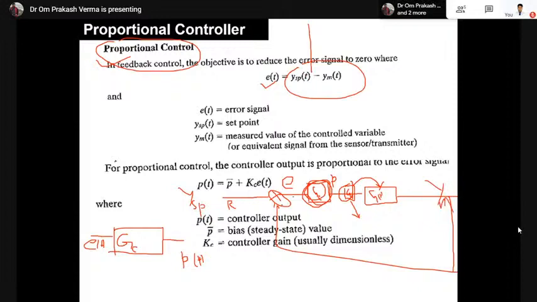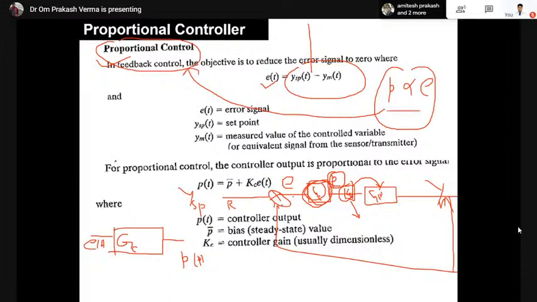So this is the error. The control output signal P is proportional to the error. This is the concept of proportional control. So proportional control means P is directly proportional to the error.